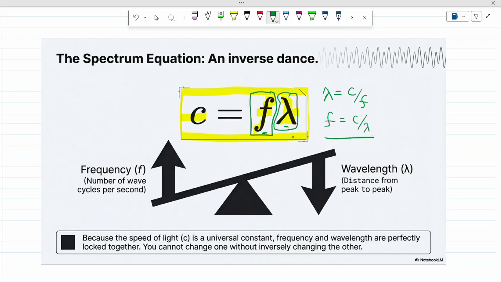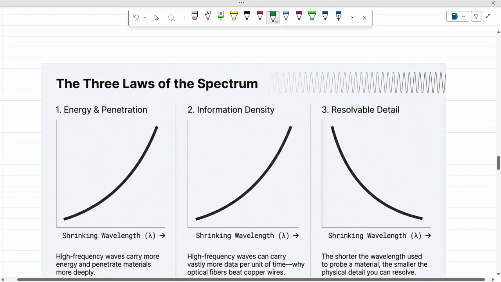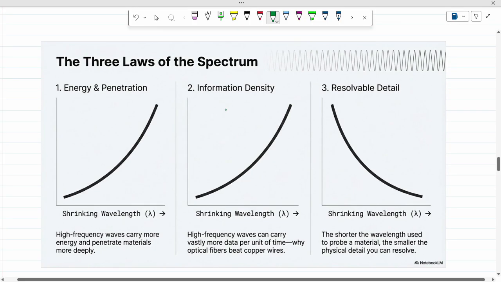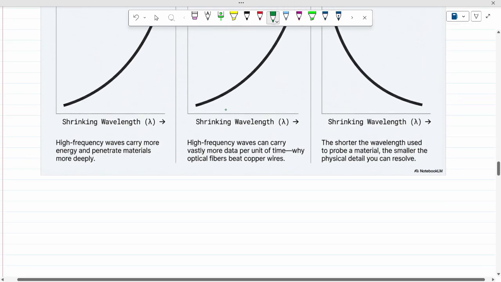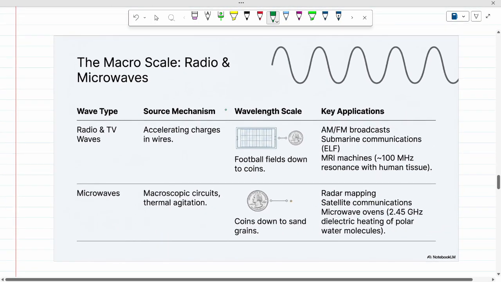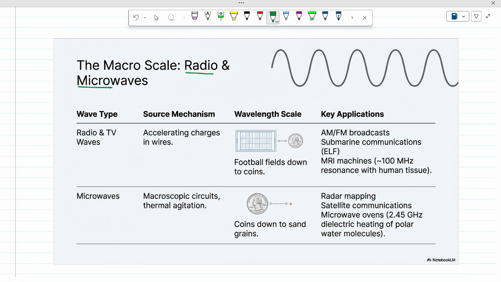Now the first of the electromagnetic wave spectrum, starting with the low frequency or the long wavelength range. These three laws, I'm not going to talk about specifically, running out of time. So the long wavelength range of the electromagnetic waves are the radio and microwaves. At this range, we are used to talking about them using frequency.